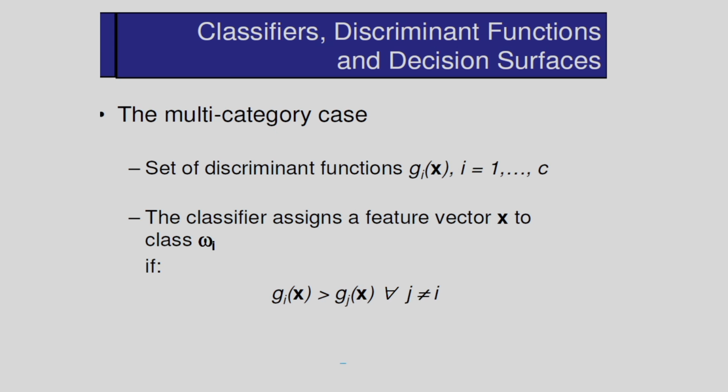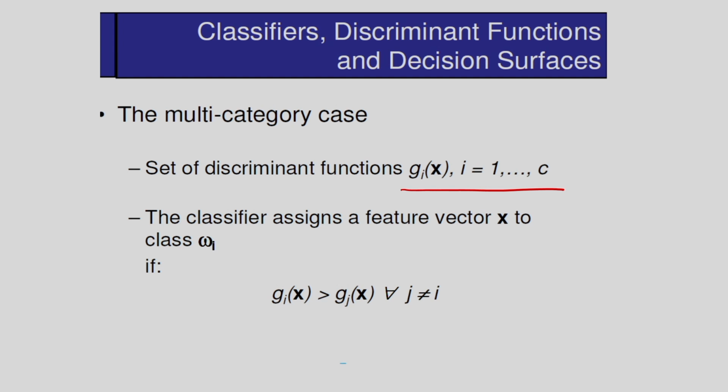Multiple classes I am considering, and for this I am considering the discriminant function. The discriminant function is Gi(x), and for each and every class I have to determine the discriminant function. So I have to determine G1(x), G2(x), G3(x), like this. For all the classes I have to determine the discriminant function.